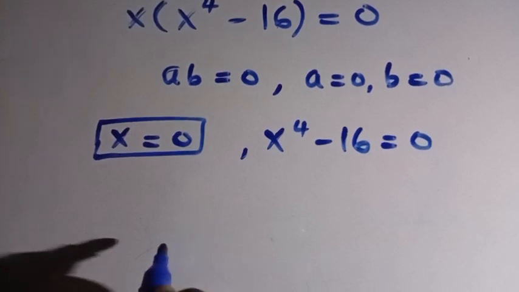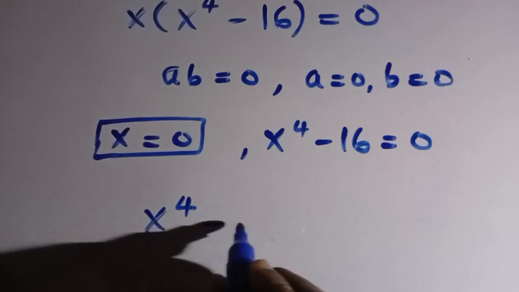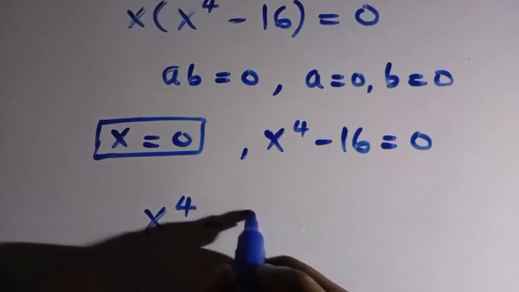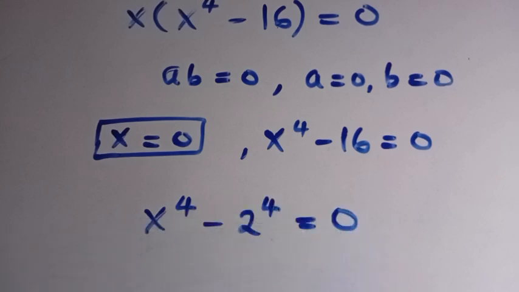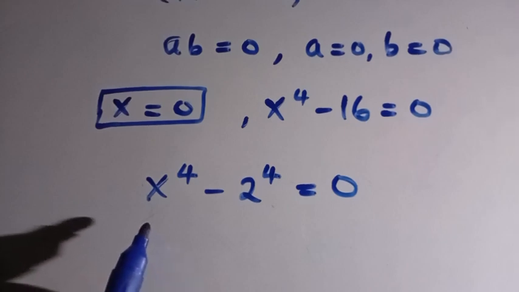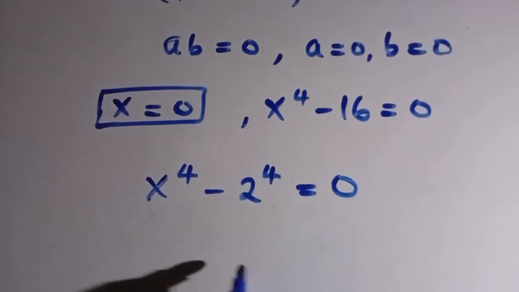Here we have x to the power of 4 minus 16, and we can write 16 as 2 raised to the power of 4 equals 0. So it is obvious that one of the solutions here is 2 for us to have 0 here. But let's see how we can have the other 3 solutions from here.